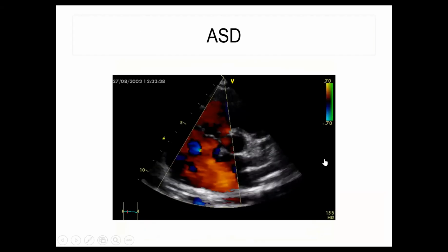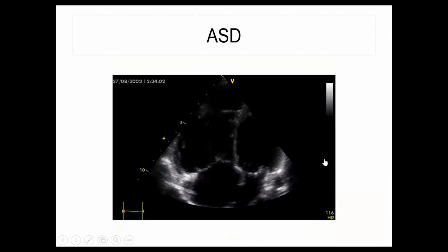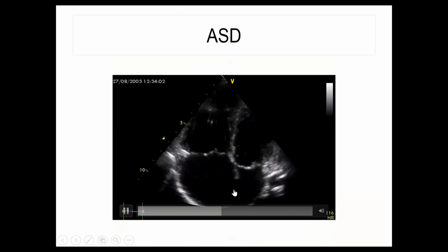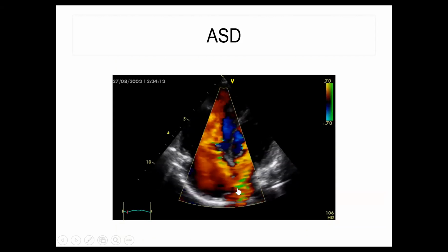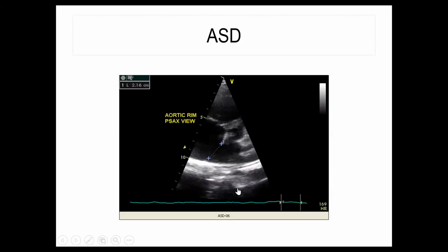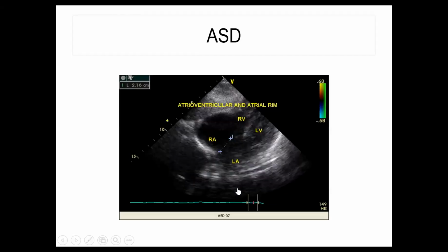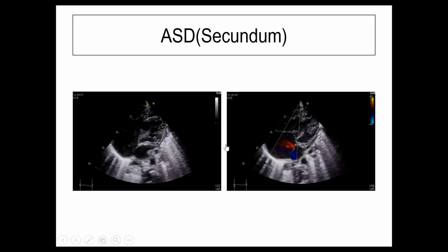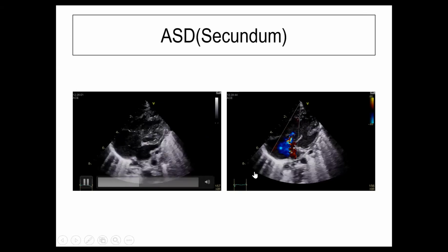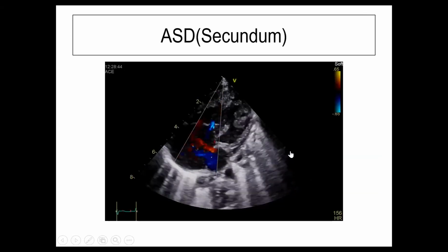So the first is when we see ASD in the secundum part, known as secundum ASD. Flow is from left to right. This is also seen in the subcostal window in the secundum position. This is LV, this is RV, this is RA, this is LA, and this is the secundum ASD. The next ASD is primum, with the reversal of flow which I showed you.